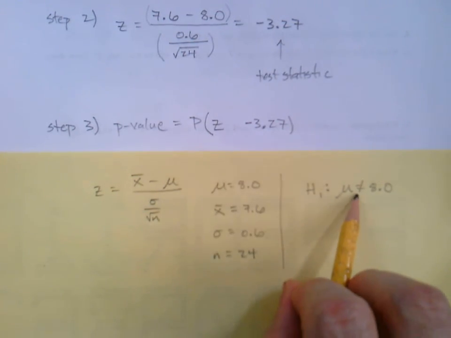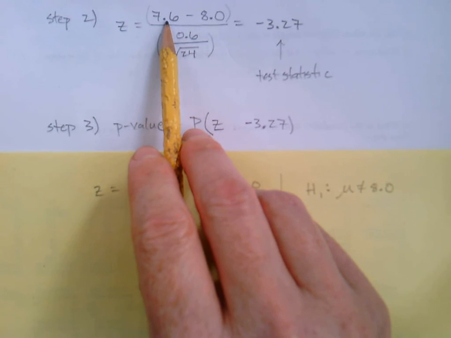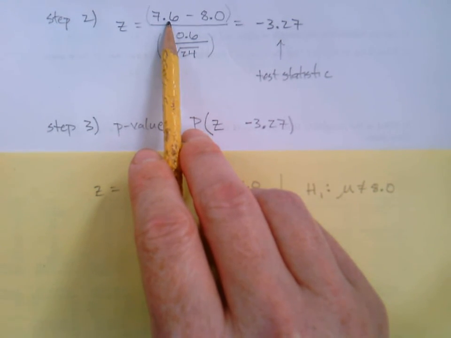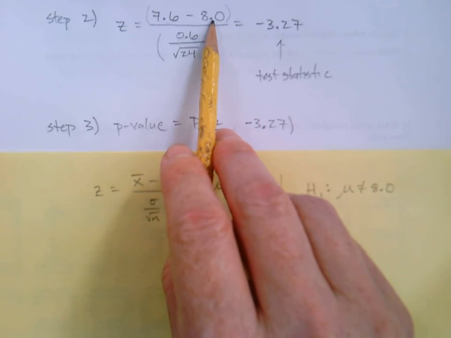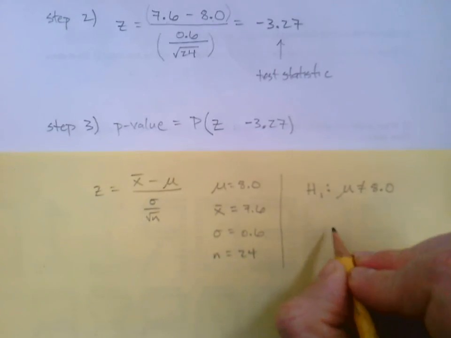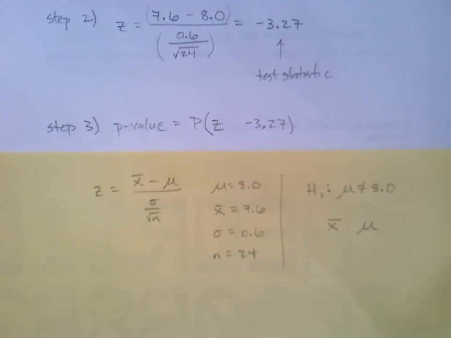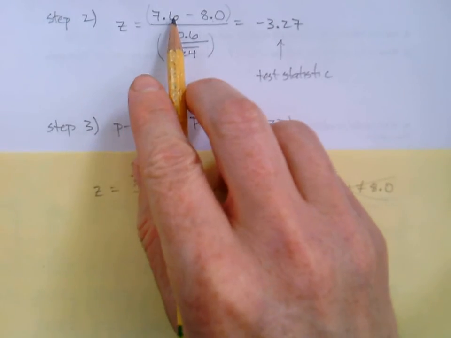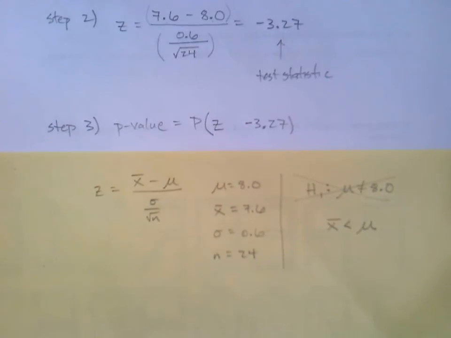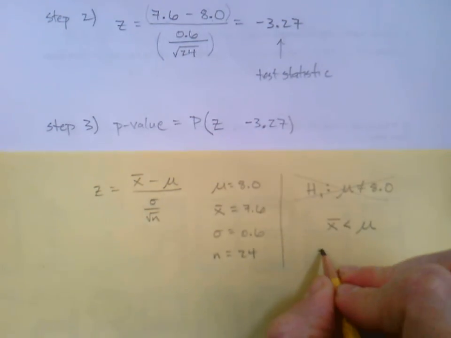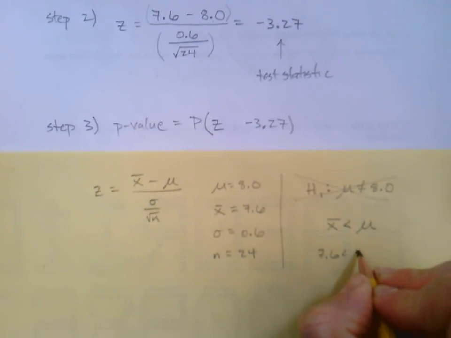If that's the case, then look at your sample average. Is your sample average bigger than or smaller than mu? Look at the comparison there. We can't use the not equal. And here, the sample is less than, right? 7.6 is less than 8.0.